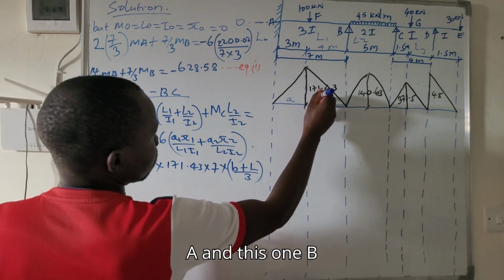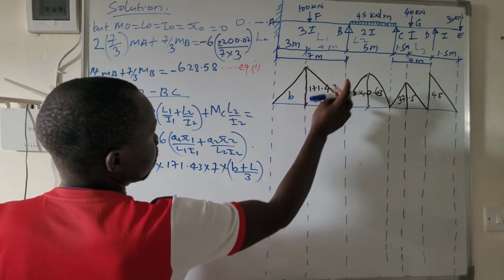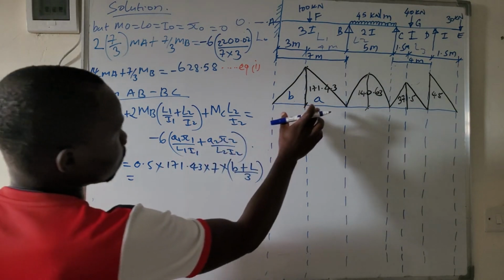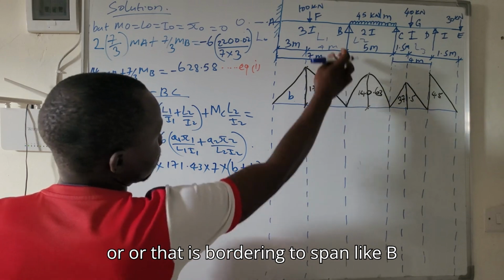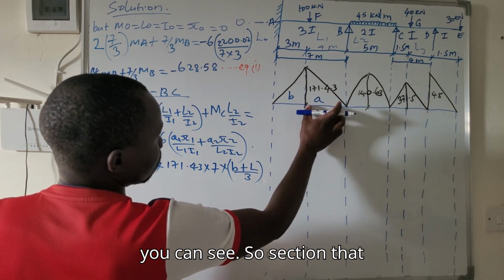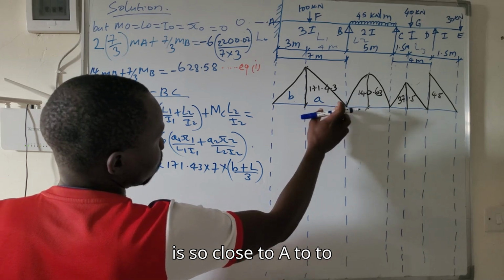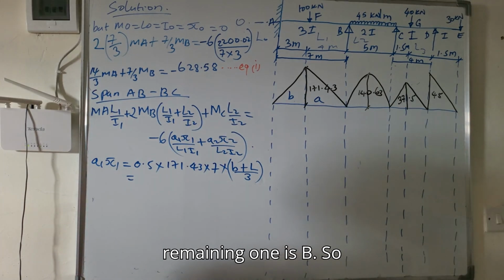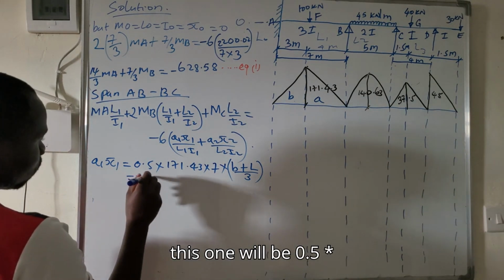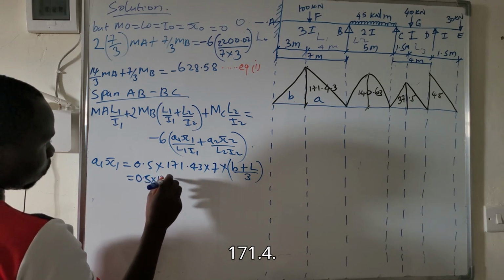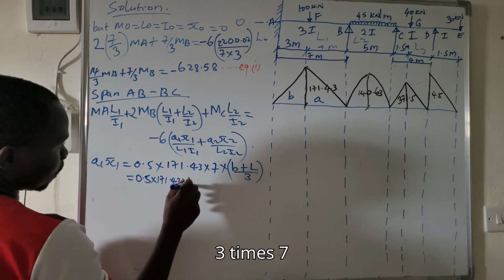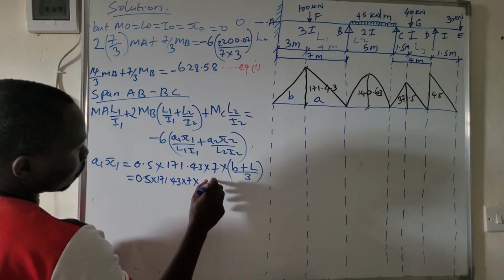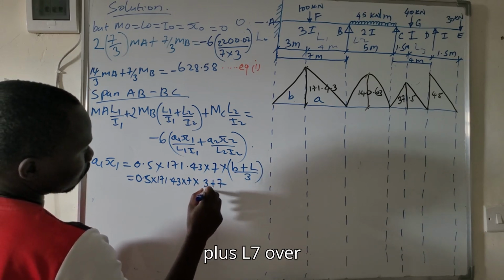This one will be our A, and this one B, because our common joint is B. A common joint is one that is sharing or bordering two spans, like B, you can see. So the section that is so close to the common joint is A, and then the remaining one is B. So this one will be 0.5 times 171.43 times 7 times B, which is 3, plus L, 7 over 3.